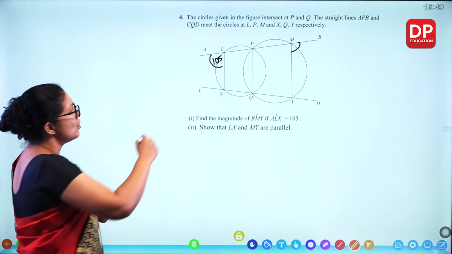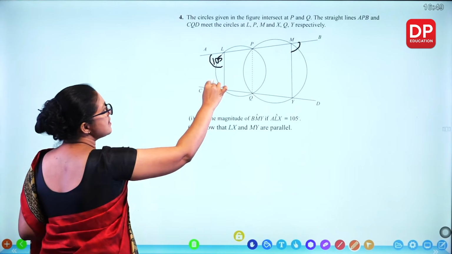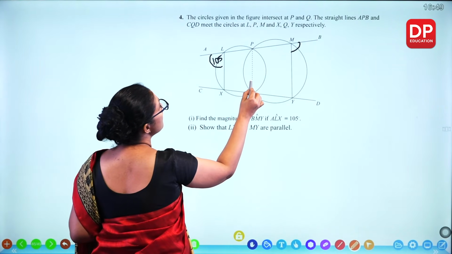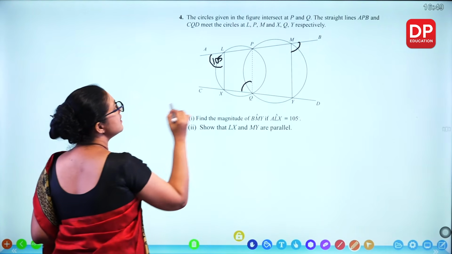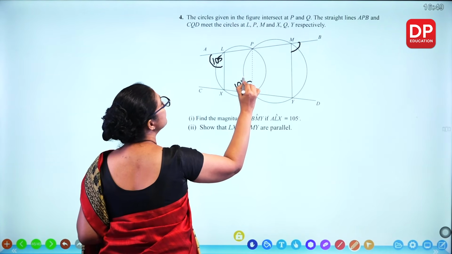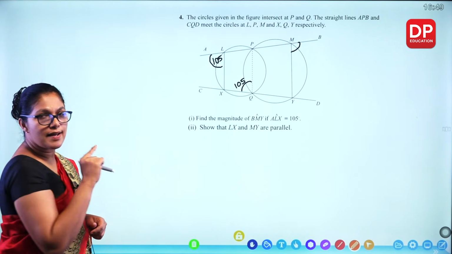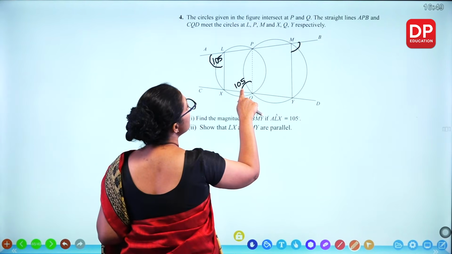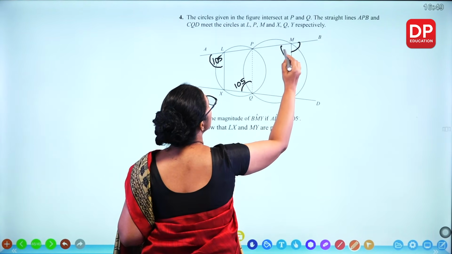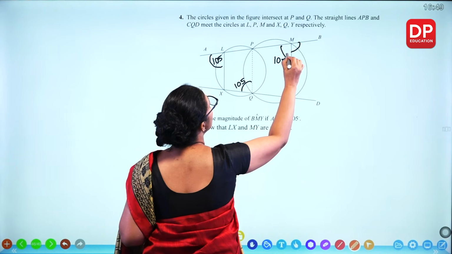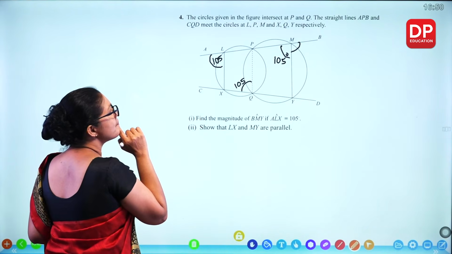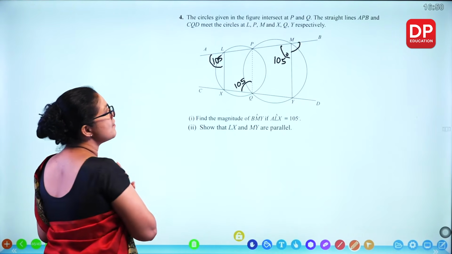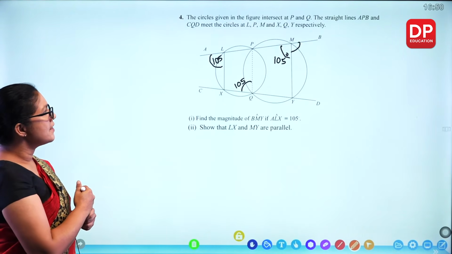Now we'll do it using this cyclic quadrilateral. If this is 105, what's this angle? 105. Exterior angle is equal to opposite interior angle. If this is 105, what is this one? That's also 105. To this cyclic quadrilateral, then straight away we can find out the other angle.